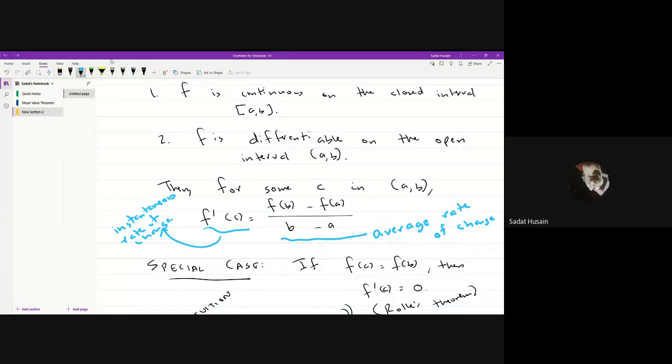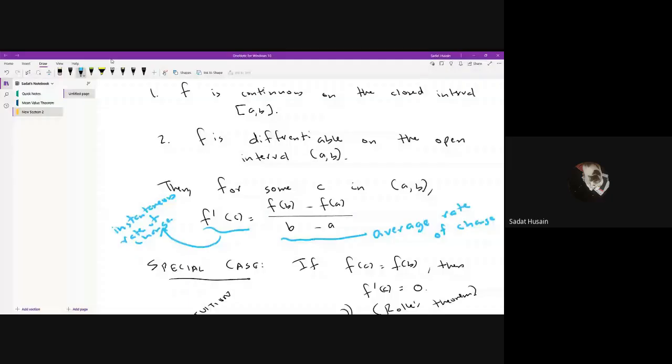At least at some point means a minimum of one point. You can have two points, three points, infinitely many points. There has to be at least one point.